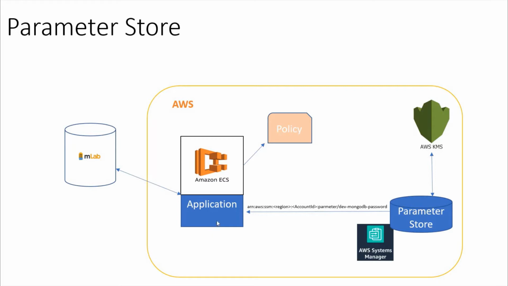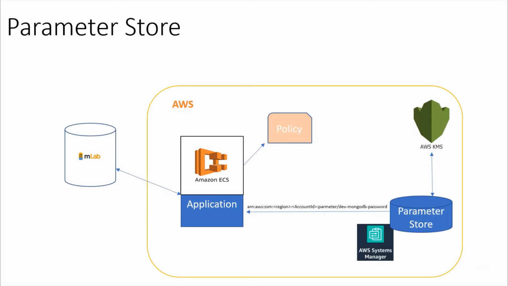What happens is, whenever the application boots, this placeholder looks for the value from the Parameter Store, and since it has a connection with KMS, KMS decrypts the value and sends it to the application, and the application boots accordingly.